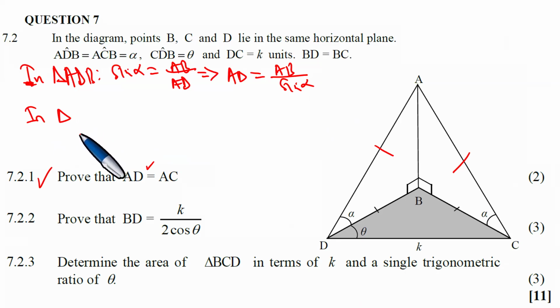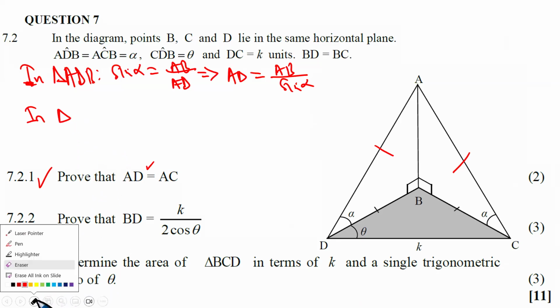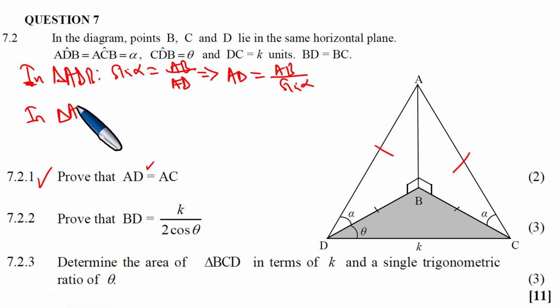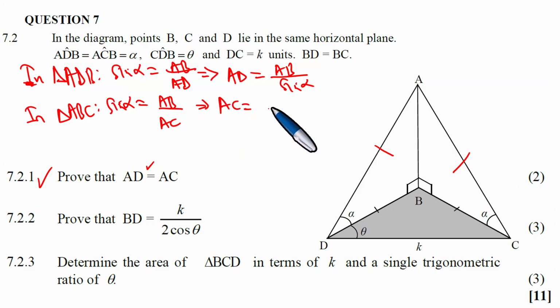In triangle ABC, the sine of alpha is opposite over hypotenuse, which means that AC is AB over sine alpha.